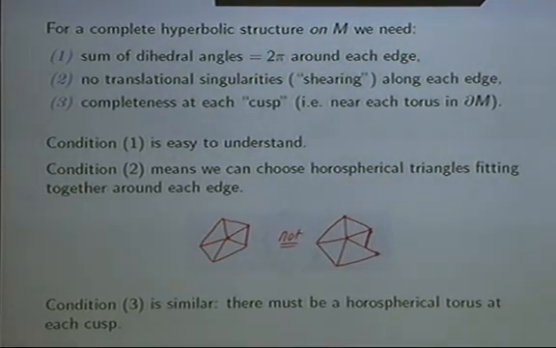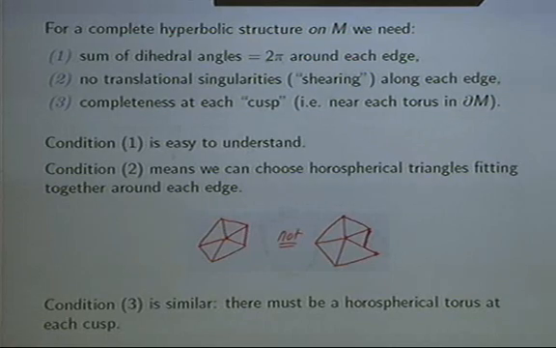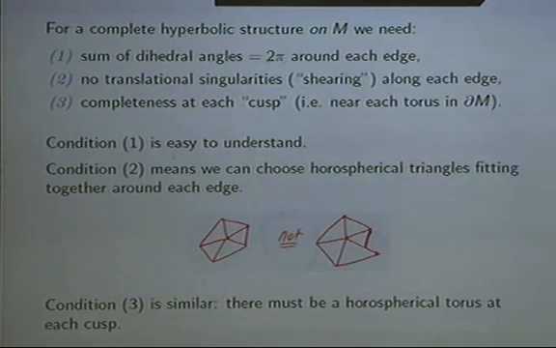So that's the obvious condition. Because we have infinitely long edges, we also have this no translation condition. There are no translational singularities along each edge. Geometrically that means there's no shearing along the edge. This happens because the edges are infinitely long, so you have to worry about this.